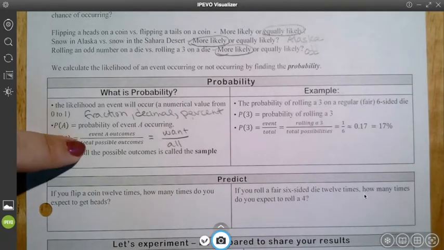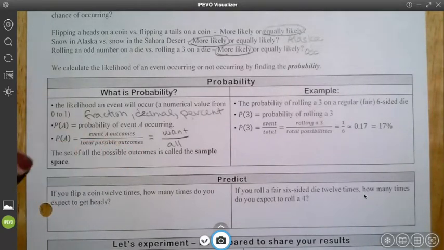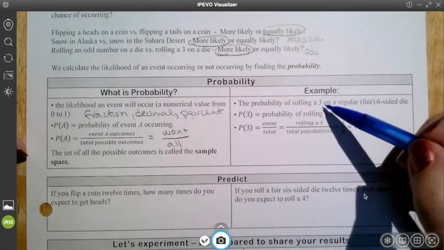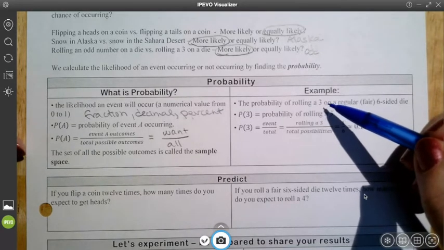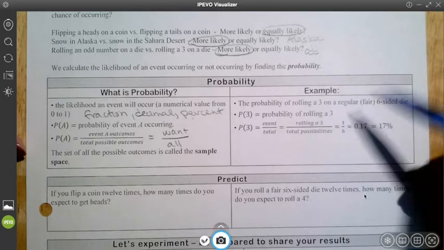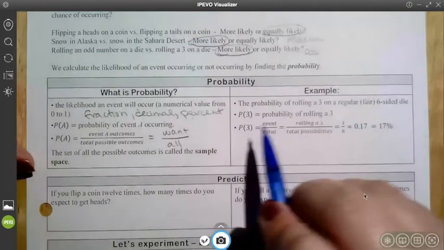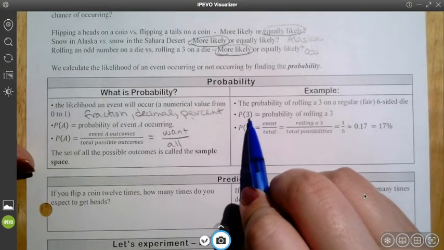And that set of all possible outcomes is called the sample space. So for example, when I'm flipping a coin, my sample space is heads or tails because those are all of my possible outcomes. So when we're looking at another example here, the probability of rolling 3 on a regular or a fair 6-sided die, we can denote it as the probability of what we want, so probability of 3.